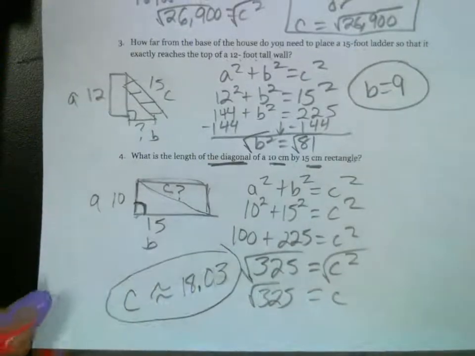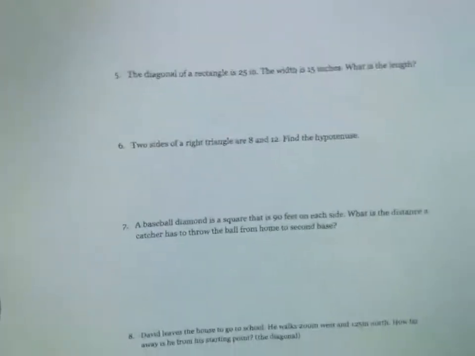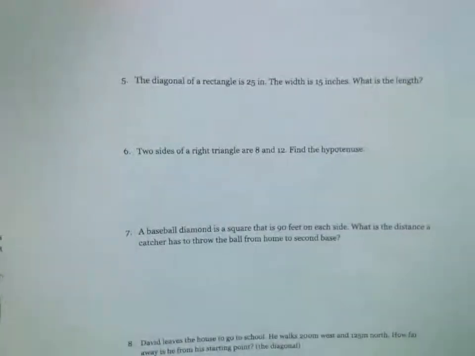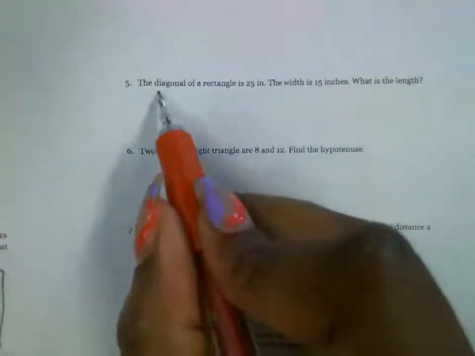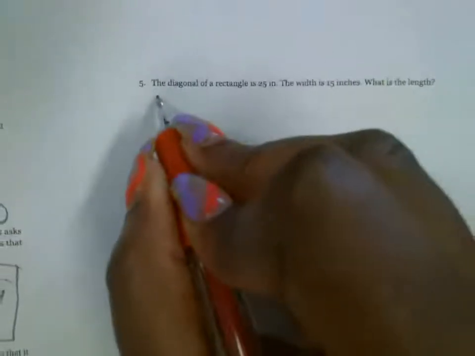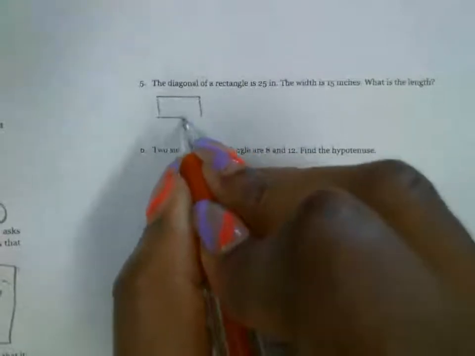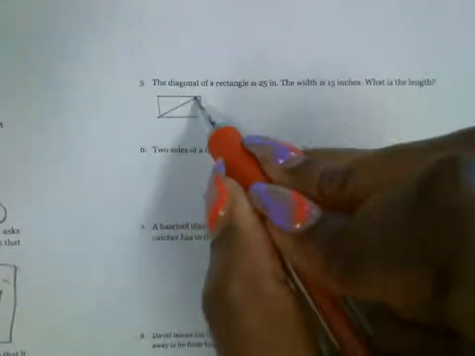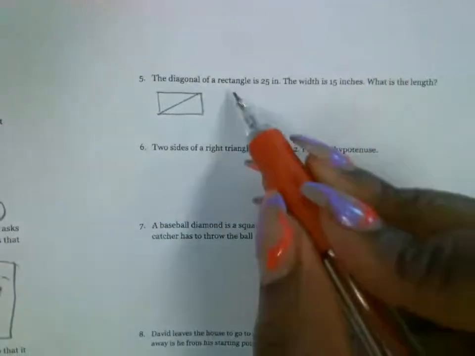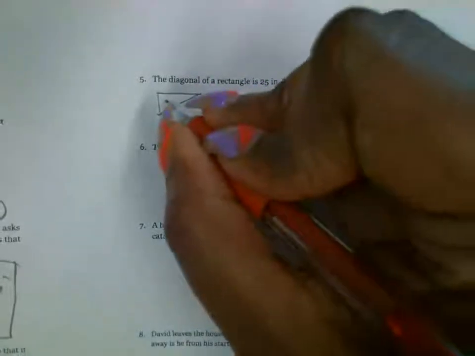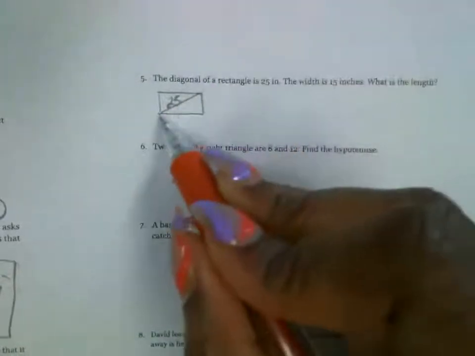All right. So now I want you to try these on your own. I'm going to read, but I want you to try it on your own. It says the diagonal of the rectangle, remember to draw a rectangle and draw a diagonal, okay? The diagonal of that rectangle is 25. This is 25, okay?